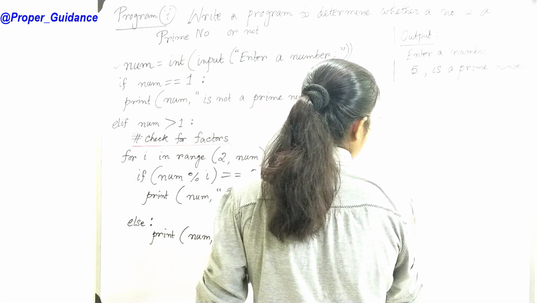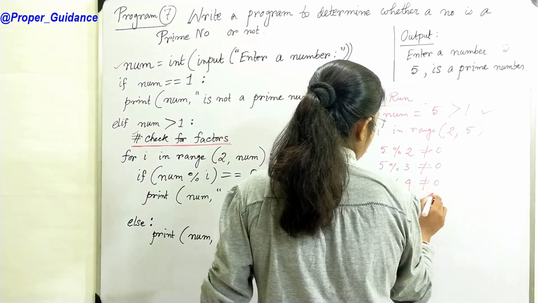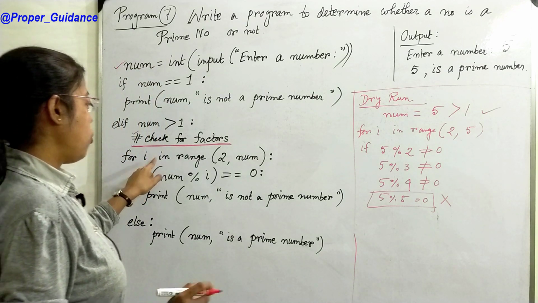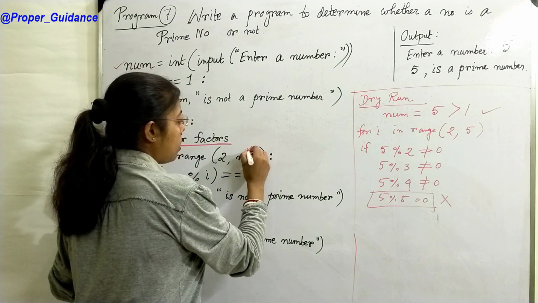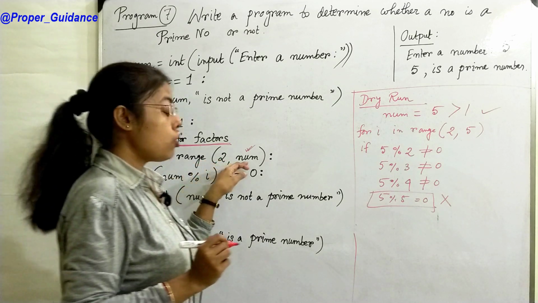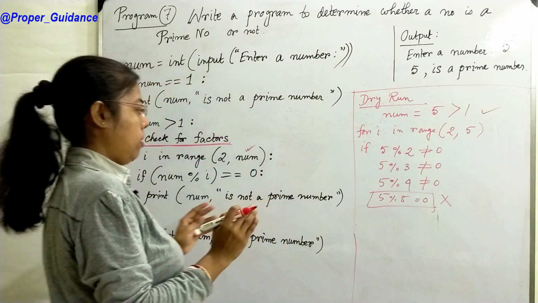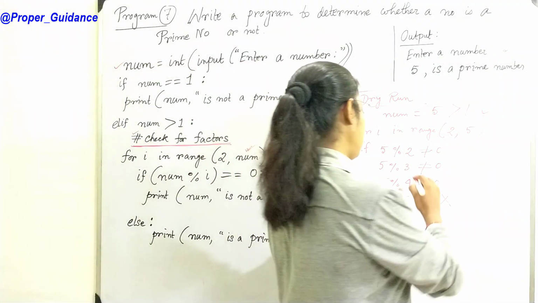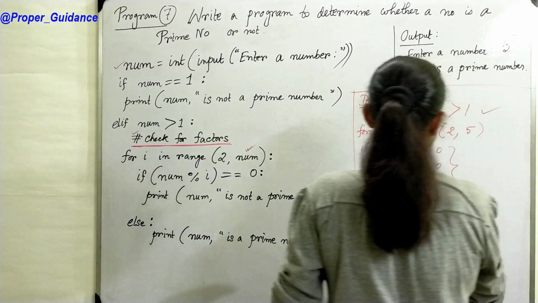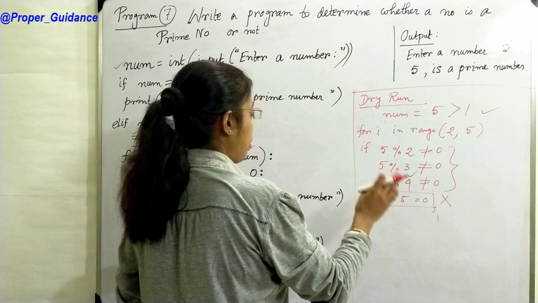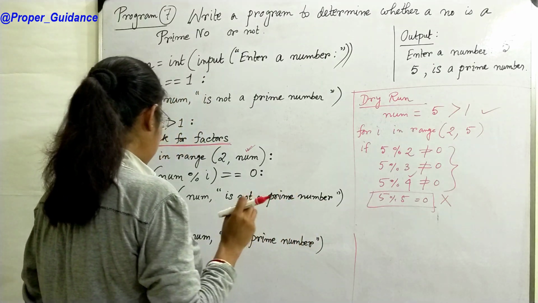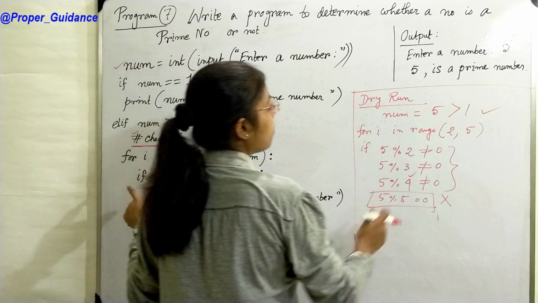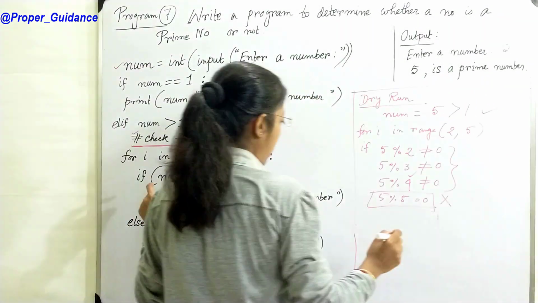Only 5 modulus 5 equals to 0, but this section will not be taken because for range, for in range, the last number is not taken to execute. Before that number only taken, that is here, this is 4. So all these values are not equals to 0. That's why we can tell that this is a prime number. That is, 5 is a prime number.